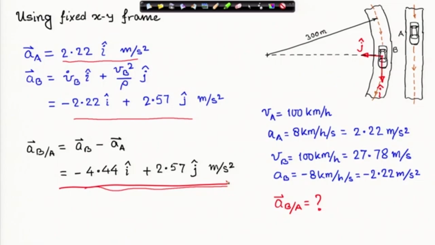So, this is the relative acceleration vector as seen by an observer sitting in car A observing car B. So, this is the acceleration of car B relative to car A as seen by the observer in frame A or car A.